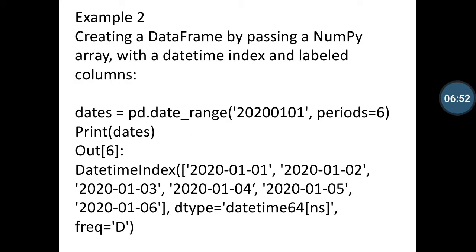Then the second example: I am creating a data frame by passing a NumPy array with a datetime index and labeled columns. I create a variable dates equal to the pd.date_range function, and then define the date format data such as 2020-01-01, periods equal to 6.